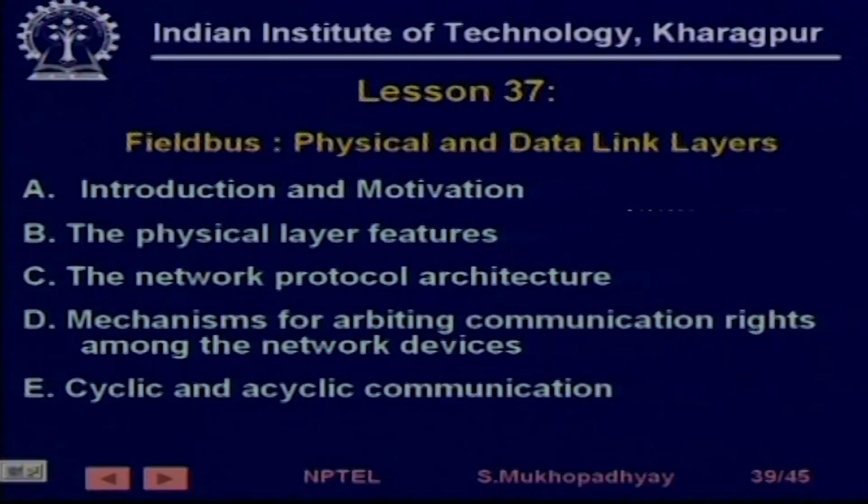So this is actually carried out through layers of software. So we started discussing, and in this lesson we talked about the physical and the data link layers, the various features and the network protocol architectures, and also the mechanism of arbitrating communication rights.